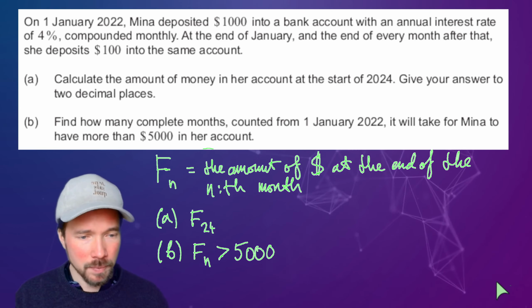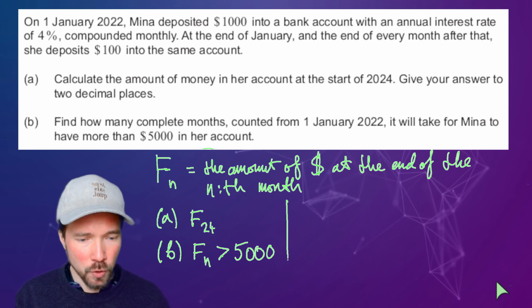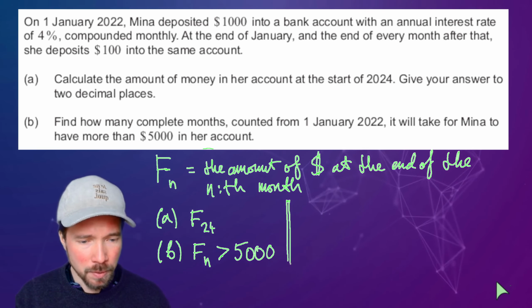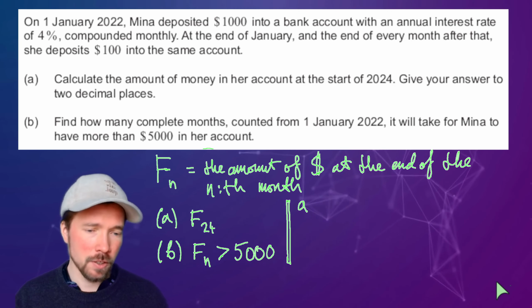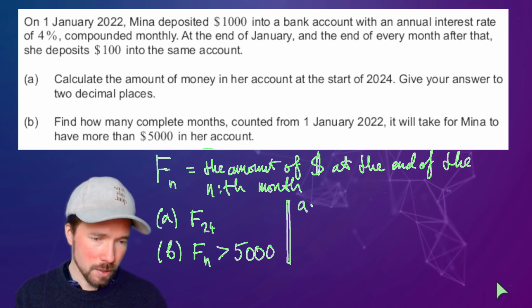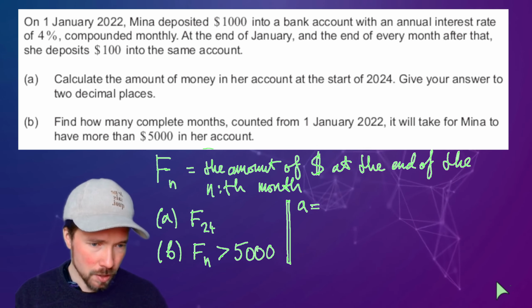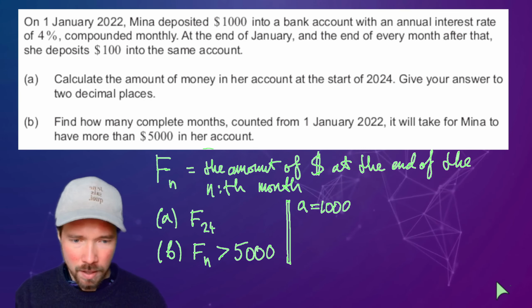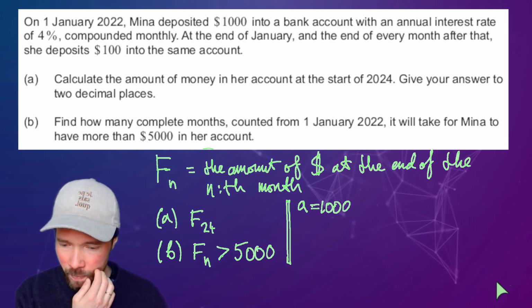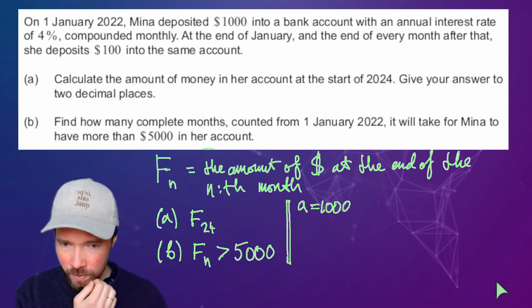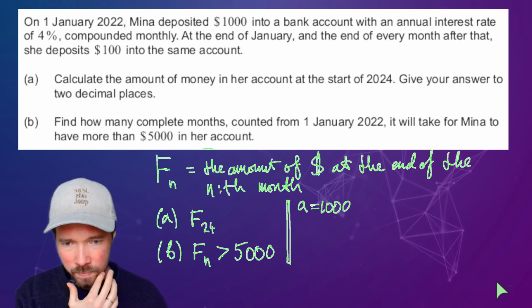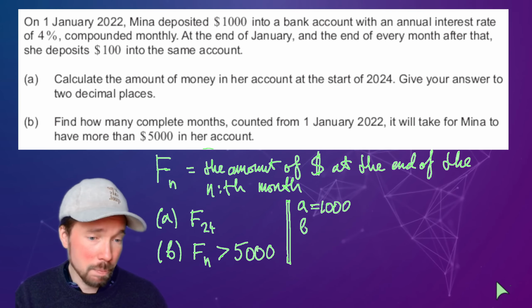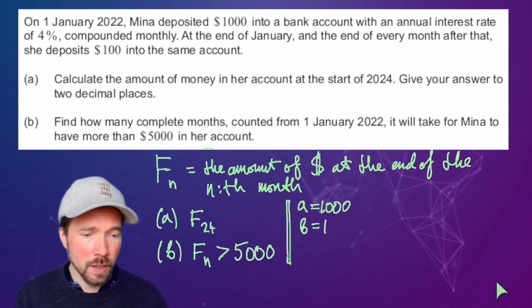Okay, so this is the setup, and this formula will depend on the parameters that we're given, which are the initial deposit, let's call it A, which is 1,000, and the addition every month, let's call it B, which is 100.